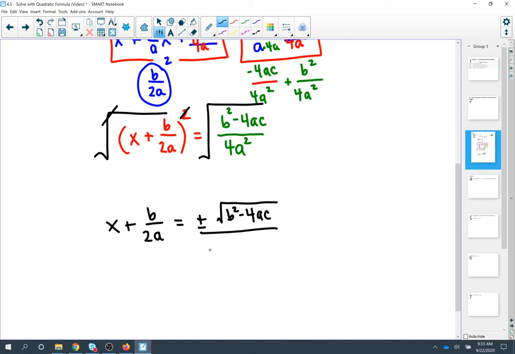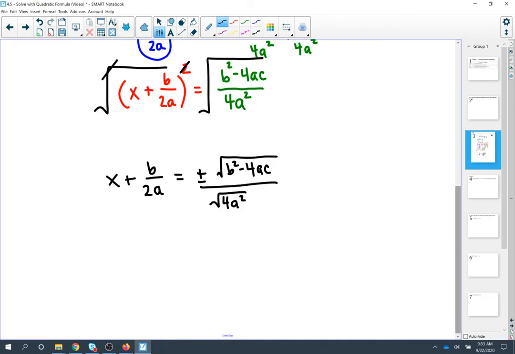Now, if I take that one step further, I'm going to leave my left side for now, x plus b over 2a equals, keep my plus or minus, and then I'm going to simplify if I can. So I'm looking at my denominator and I have the square root of 4a squared. Well, this all together is a 2a times a 2a, so that can just become 2a.